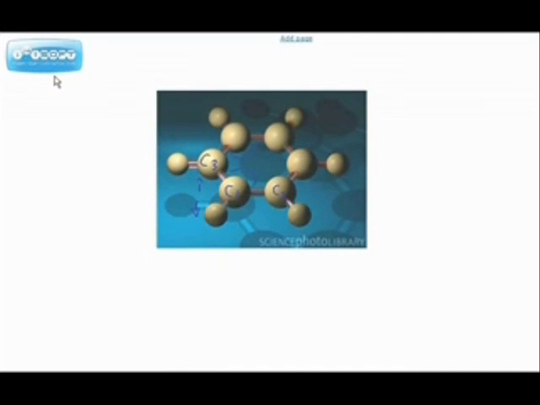So even though cyclohexane does in fact take a hexagonal arrangement when looking at it from the top view, if you're actually looking at it in 3D space, you're going to see that carbon number 2, for example, is going to move a little bit higher up, and this hydrogen is going to move a little bit down and to the right, so that we can get the textbook geometry of the tetrahedral molecule as closely as possible.